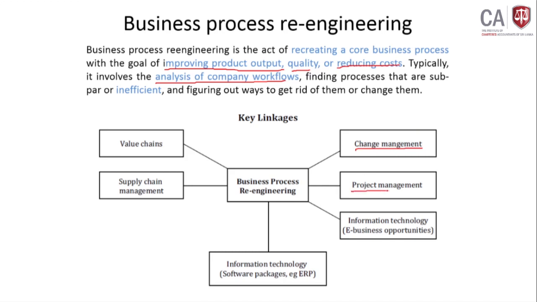And project management, which has to be implemented in a project manner. It means within a 1-year duration, we have to do the business process re-engineering in your organization. So, how do we do that? This should be a planned process. So, project management is there. Information technology, e-business opportunity.